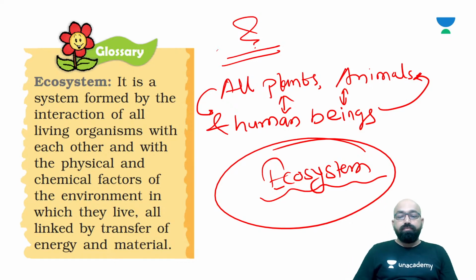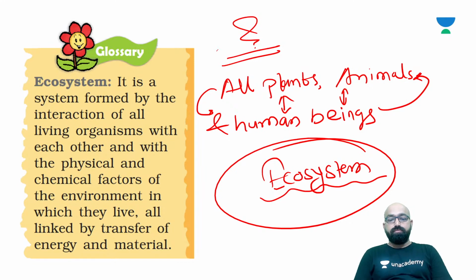So there could be an ecosystem of a large rainforest, grassland, desert, mountains, lake, river, ocean, and even a small pond.